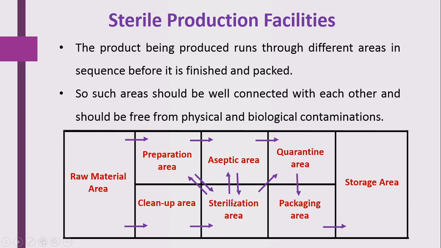Here the sterilization of containers is carried out mainly with dry heat sterilization, and after that the container is sent to the preparation area or the aseptic area, depending on the particular unit where it will be packed.